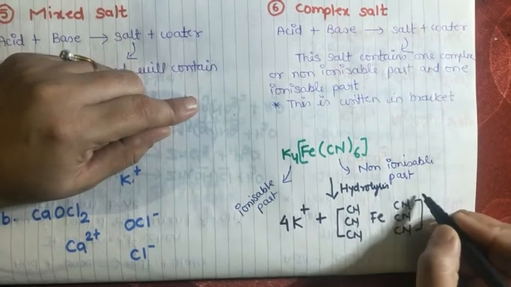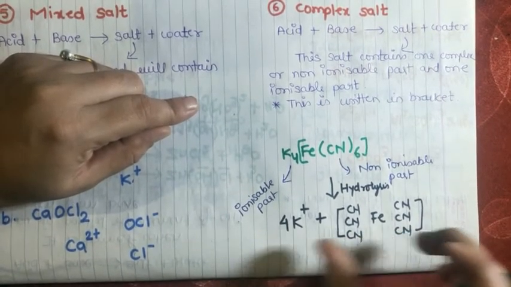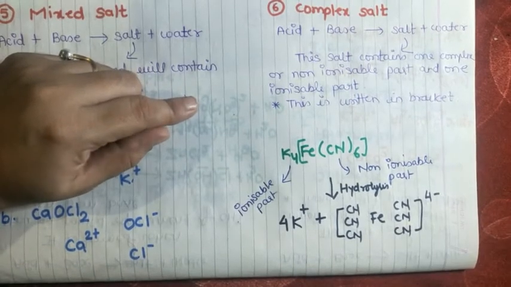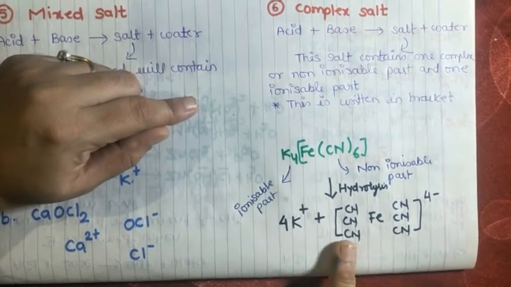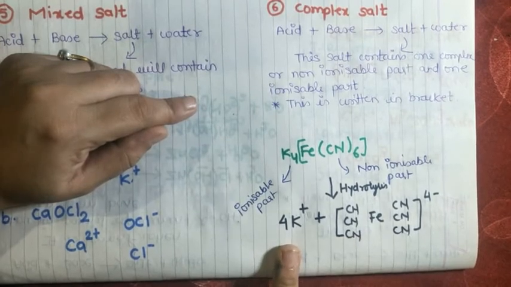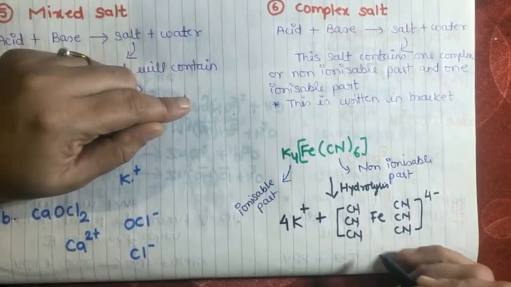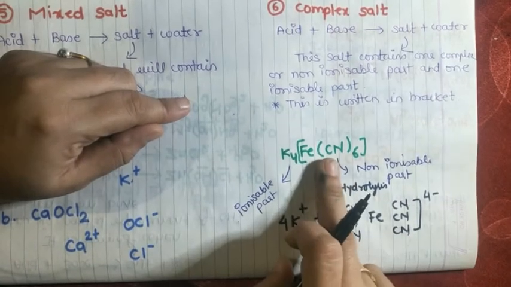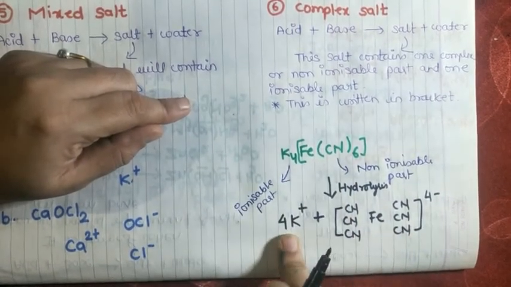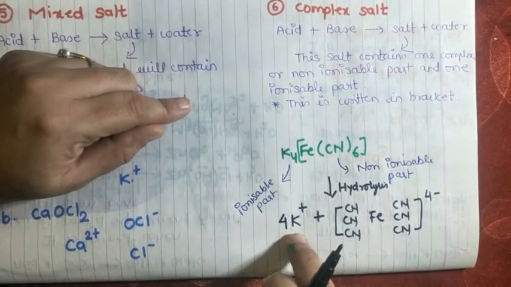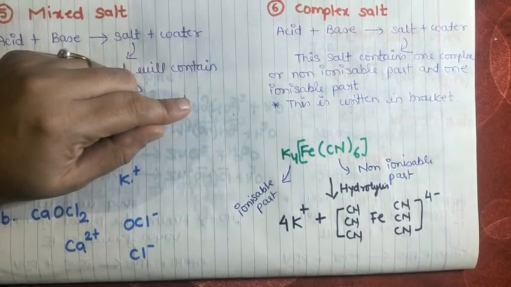So to neutralize the charge we can put 4 minus here, but it will not actually ionize just like your potassium. That means you cannot test the presence of ferrous or cyano group in the salt, but you can only test the presence of potassium ion in this complex salt. So this much for now. Thank you.